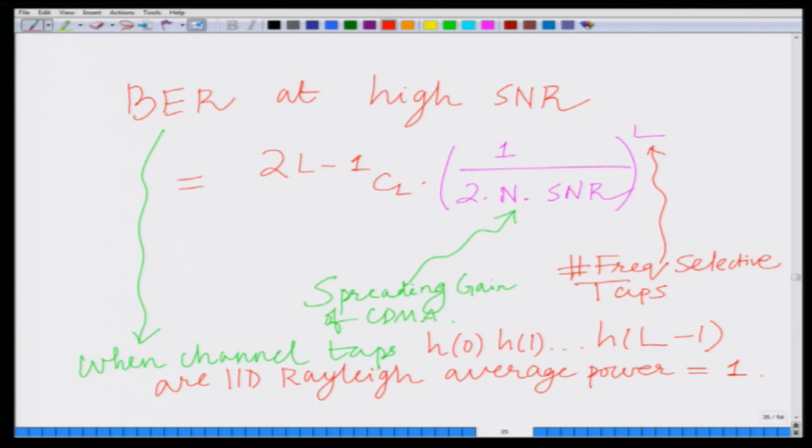So, this is the expression for the bit error rate, that is 2L minus 1 choose L, 1 over twice n into SNR whole raised to the power of L.